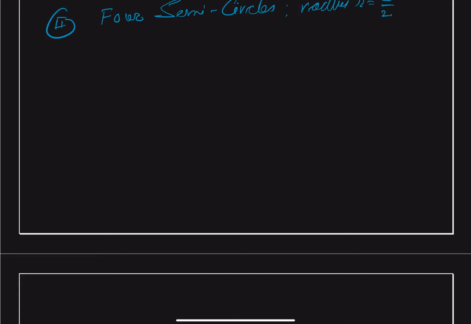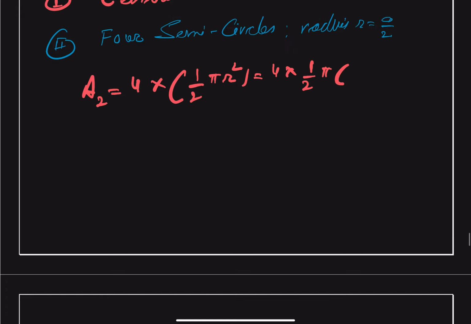Therefore we can write area A2 is equal to 4 times half pi r square. So this comes as 4 times half pi, and we have a by 2 whole square. So this gives us that A2 is equal to pi a square divided by 2.